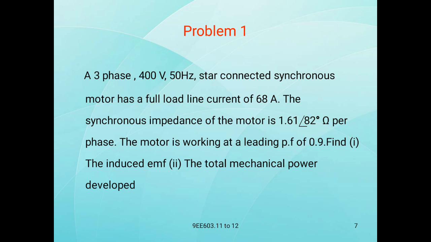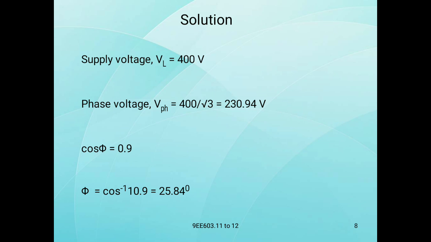So this is the given question. Now the solution: the supply voltage VL is equal to 400 volts, and phase voltage V phase is 400 by root 3, that is 230.94.